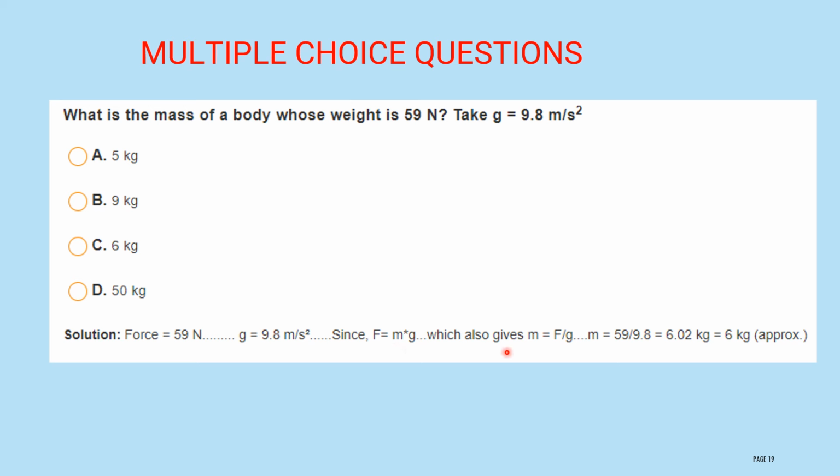If you want to calculate m, then alter the equation, then m will be F divided by g. Then m will be equal to the value of force 59 divided by g value 9.8. If you simplify, you will get 6.02 kg, approximately 6 kg. Therefore the correct answer for this question is 6 kg.